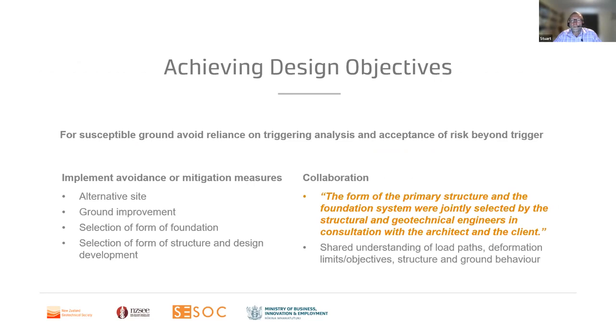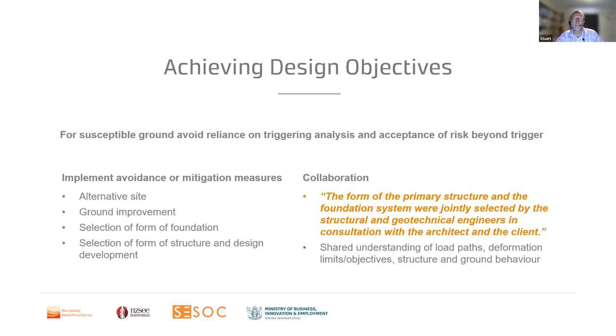So what this document is stressing is to avoid over-reliance on triggering analysis. So what it's suggesting is if we have a susceptibility to liquefaction or other vulnerabilities, we should be allowing for that in our design. And what sort of mitigation measures can we undertake to allow for that? Things like considering an alternative site. Now that's going to require early involvement from geotechnical engineers and engineering geologists.